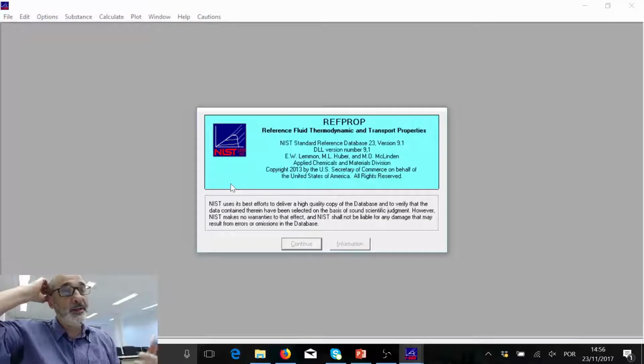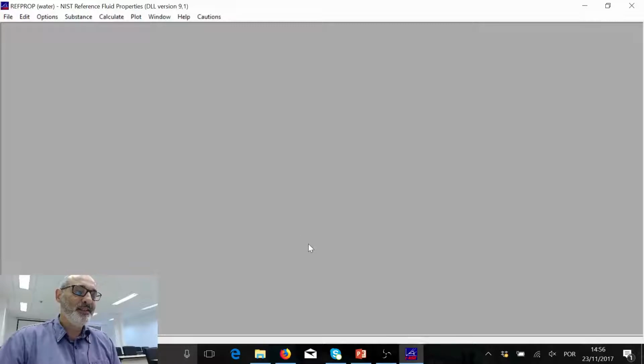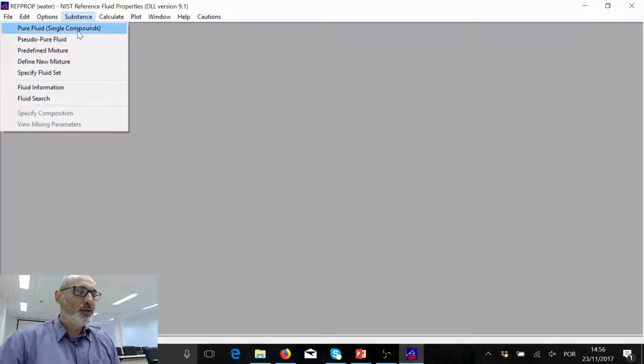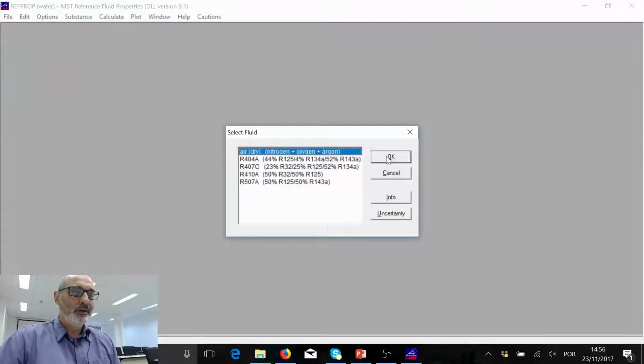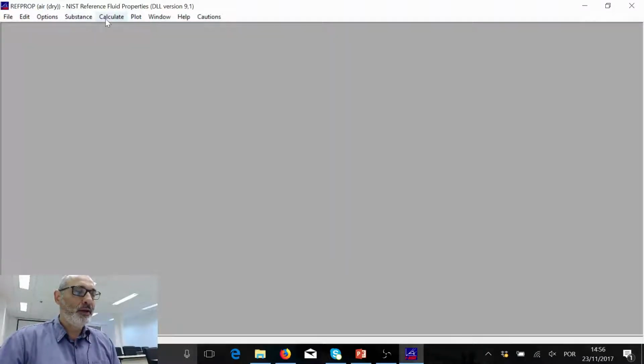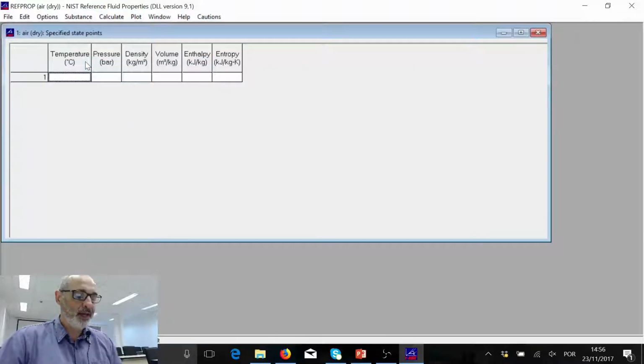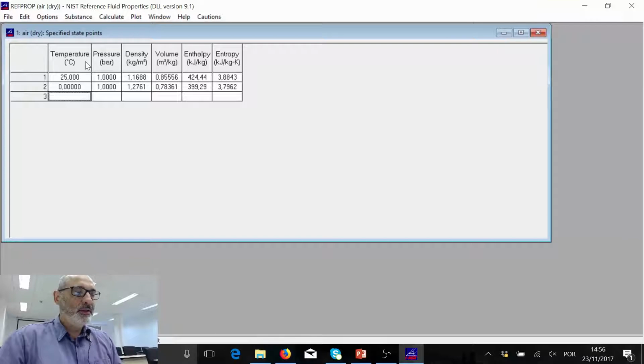Because I mentioned this must be in Patagonia, let's calculate near 0 degrees. So I choose the fluid air, and let's calculate the density at 25 degrees and 1 bar, that's the example I showed you, and at 0 degrees and 1 bar. So you see density varies from 1.16 to 1.27.